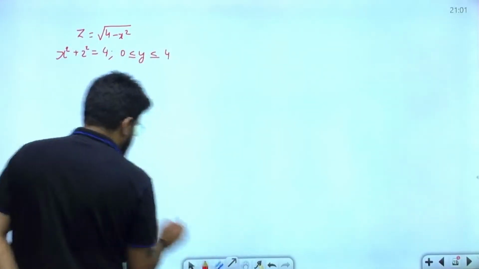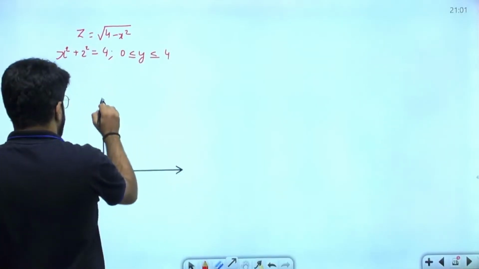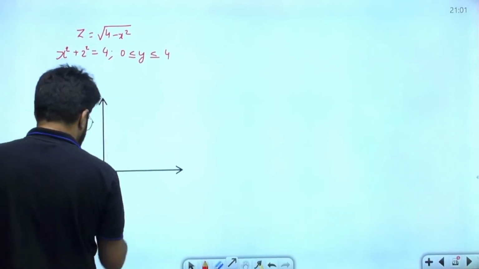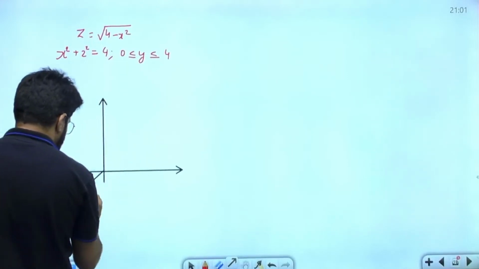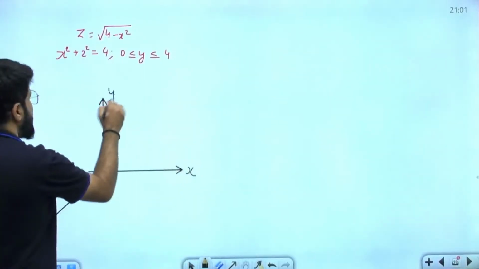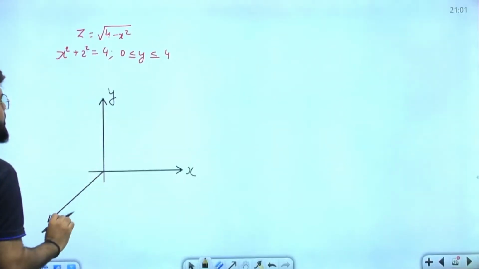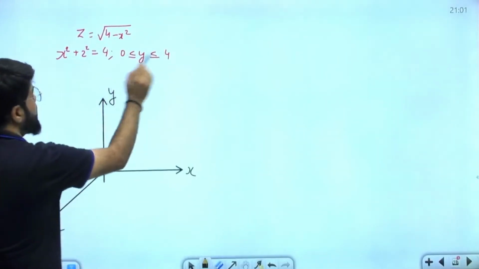So now see, imagine this case: this is x, y and z. X square plus z square equal to 4 is a circle in the xz plane, but these are the circles from y equal to 0 to 4.